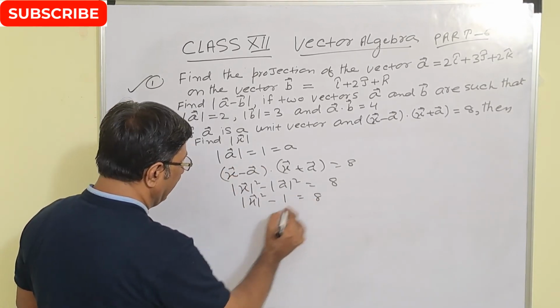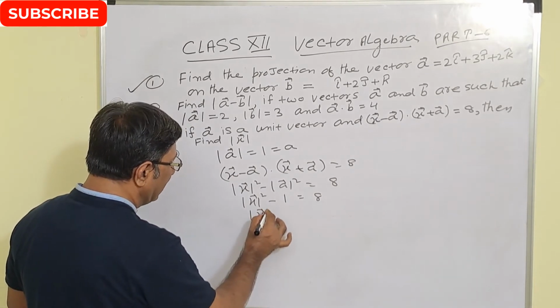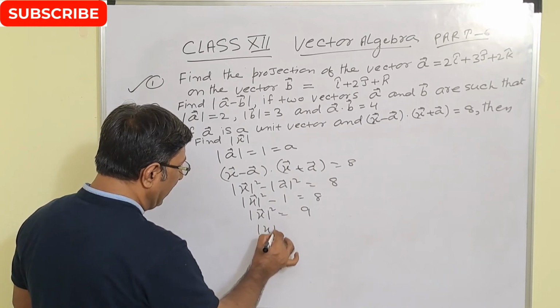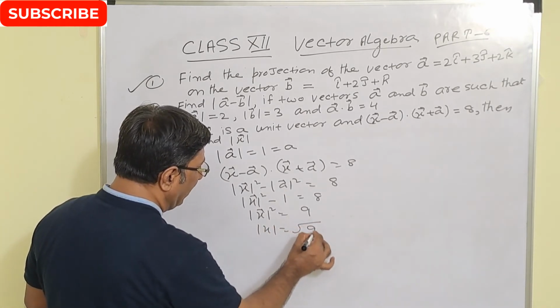This equals 8. So magnitude of x vector squared equals 9. So magnitude of x equals the square root of 9.